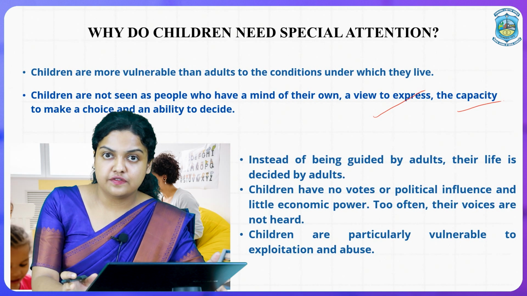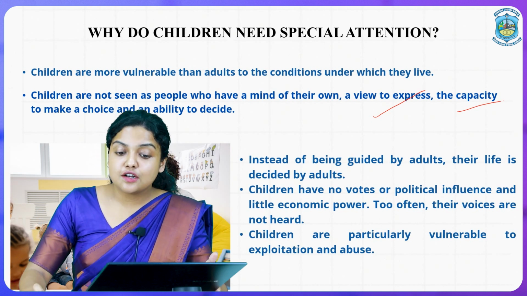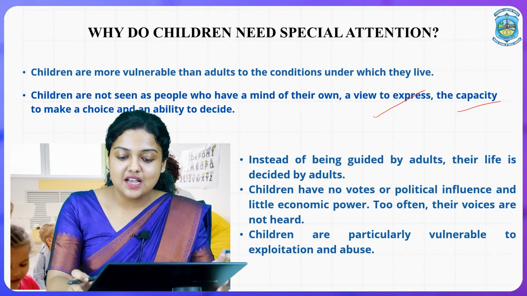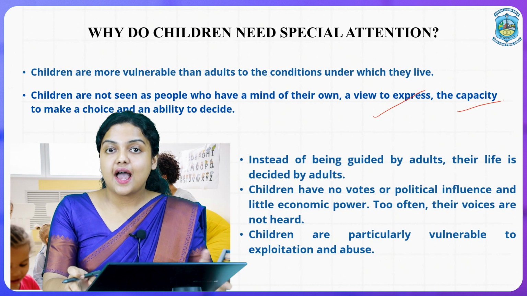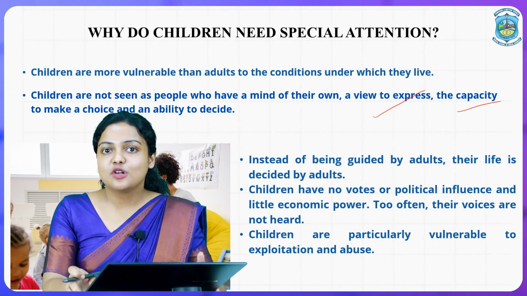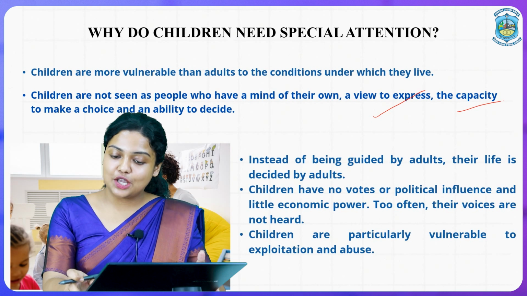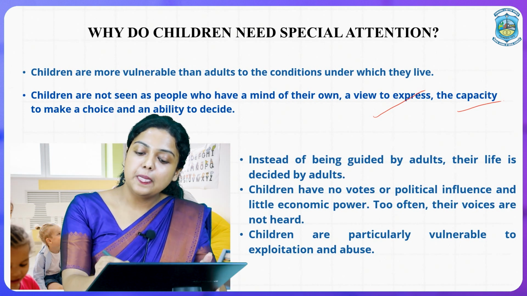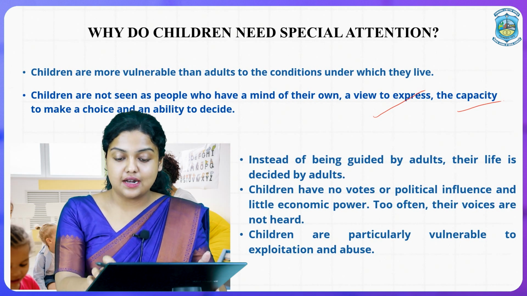Even in their own life decisions, they don't have a voice. Instead of being guided by adults, their lives are decided by adults. Children have no votes or political influence, and have little economic power because they are not doing any job, so they don't have any financial security. So too often their voices are not heard. Also, children are particularly vulnerable to exploitation and abuse.